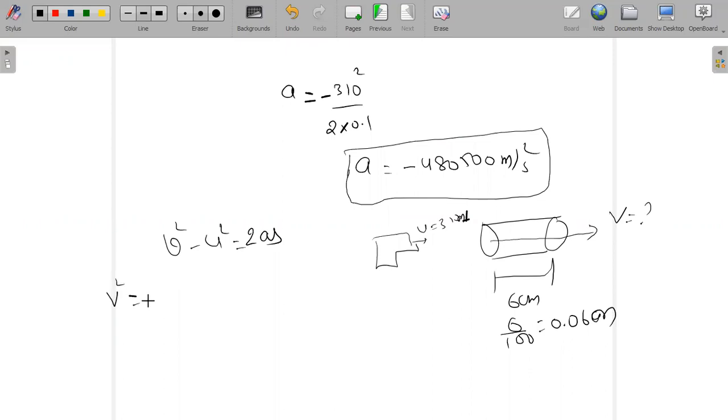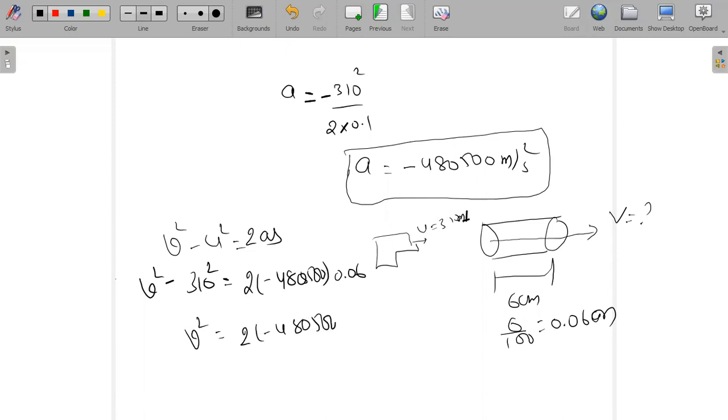That is v² − 310² = 2 into a value, the same we have to use, −480,500, into distance 0.06. So v² = 2 × (−480,500) × 0.06 + 310².